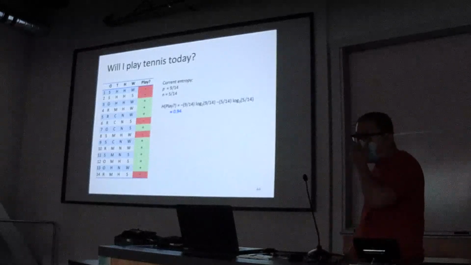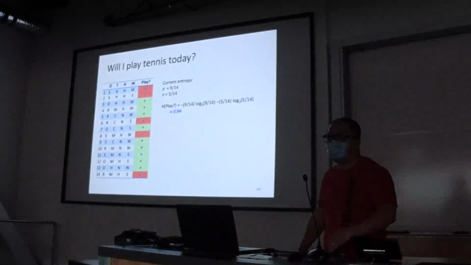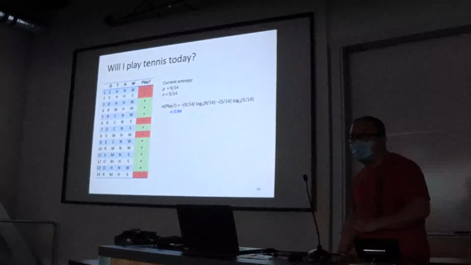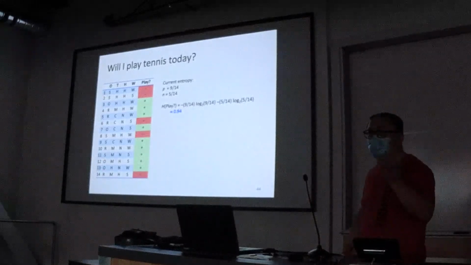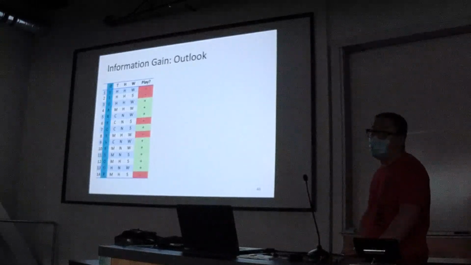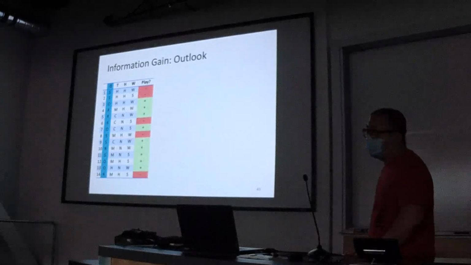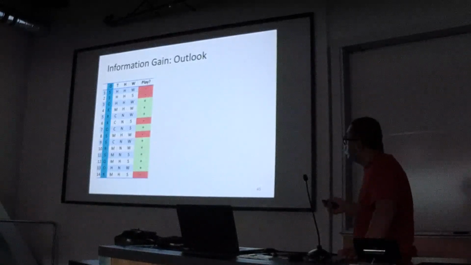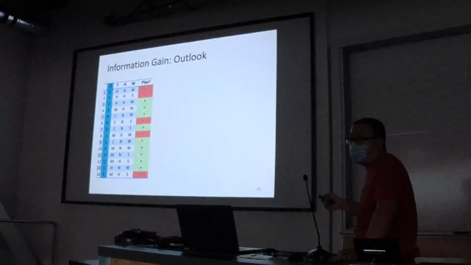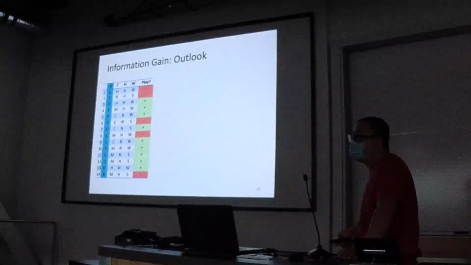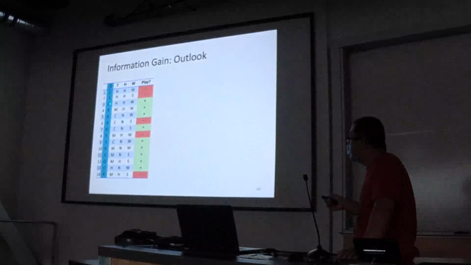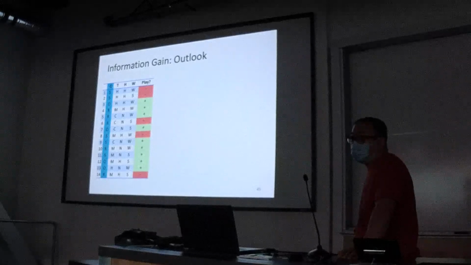Then we need to look at the expected entropy of using each attribute to split the data set. Let's start with Outlook. By using Outlook, we can split this data set into 3 subsets: when Outlook is sunny, S, Outlook is overcast, O, and Outlook is rain.